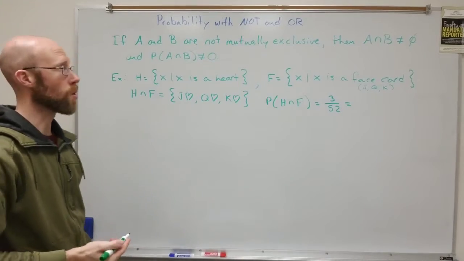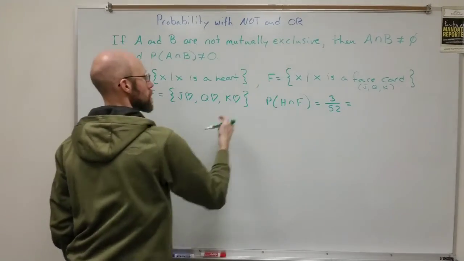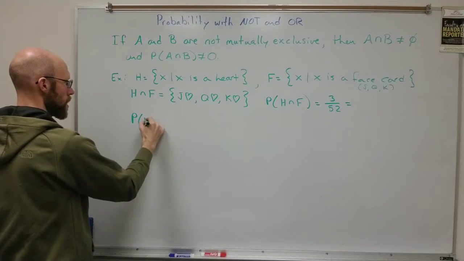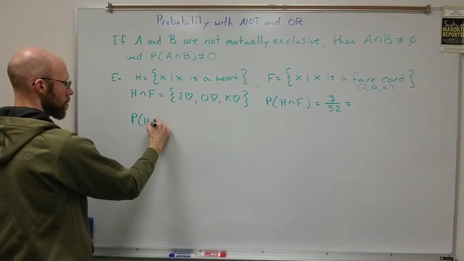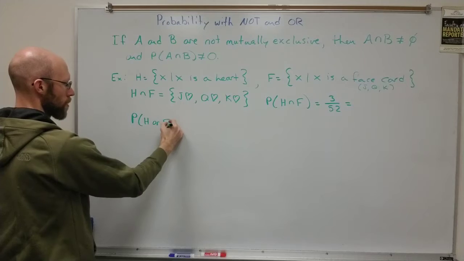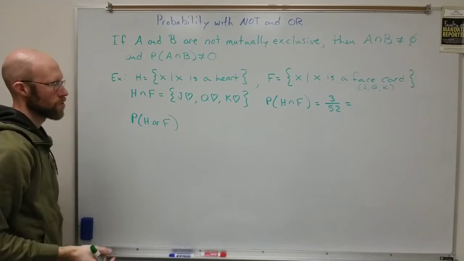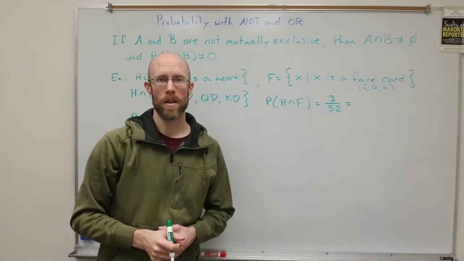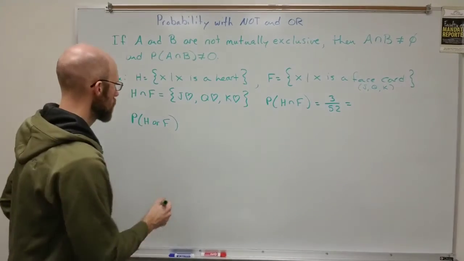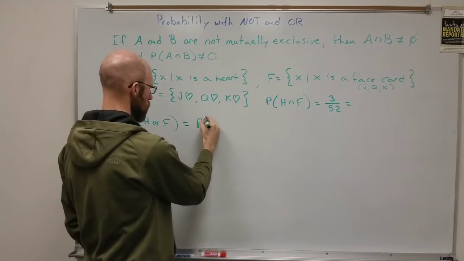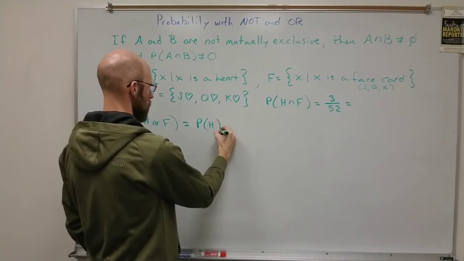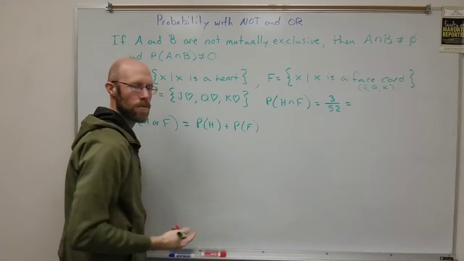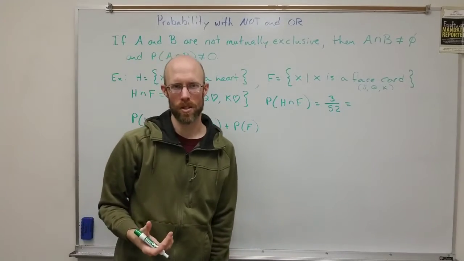But now let's look at the OR, right? Let's look at the union. So the probability that H occurs or F occurs, so you get a face card or you get a heart, is close to equal to the sum of the two. If you add the two up, you're double counting the ones in the intersection, right?